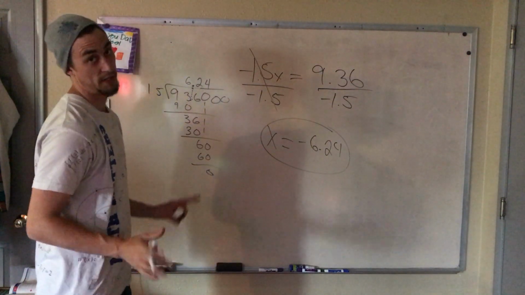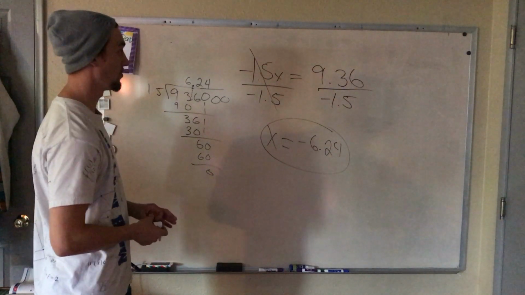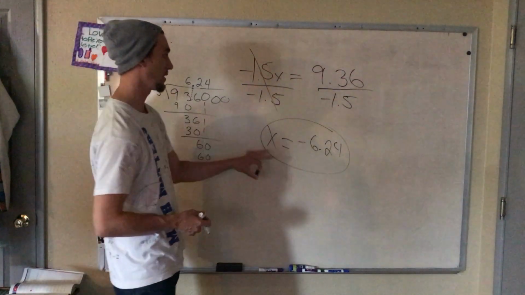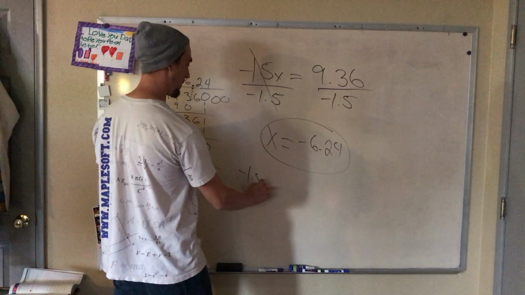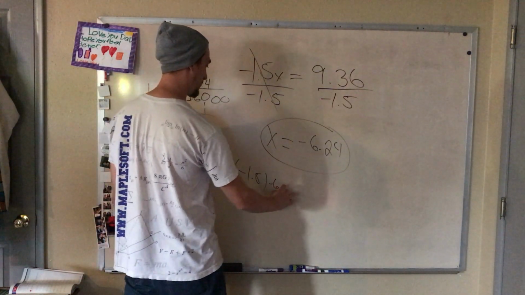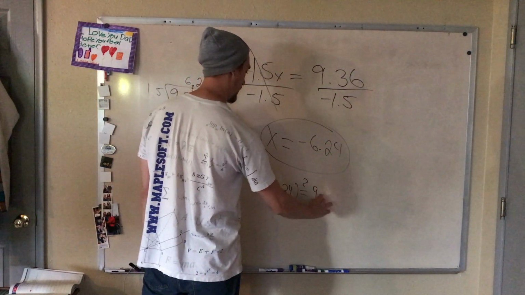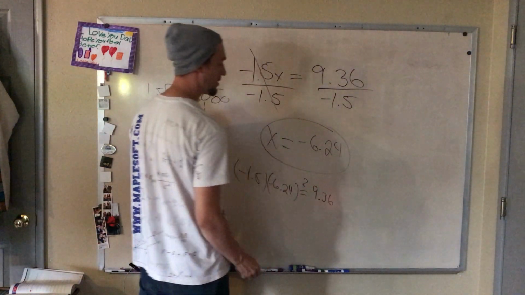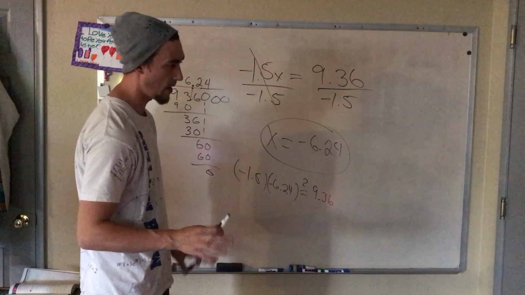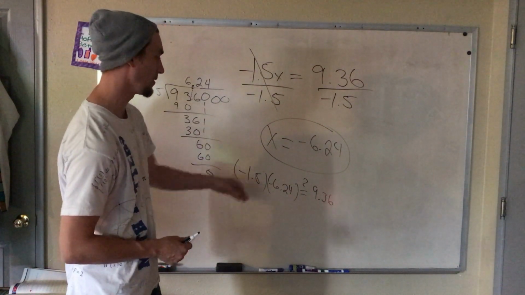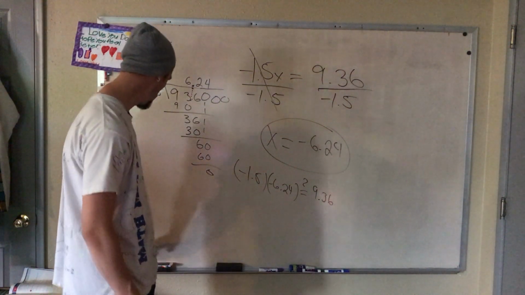Always worth checking your answer, just to make sure. So to check this, you would say, is negative 1.5 multiplied by negative 6.24 equal to 9.36? And if you're doing this on your own, outside of the context of the test, I would use a calculator to do this.